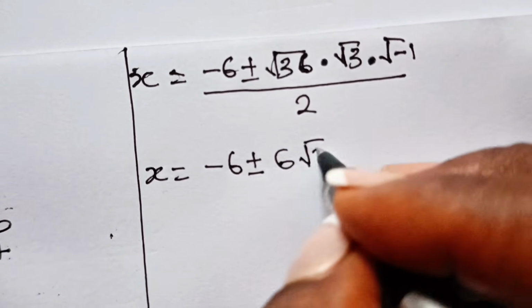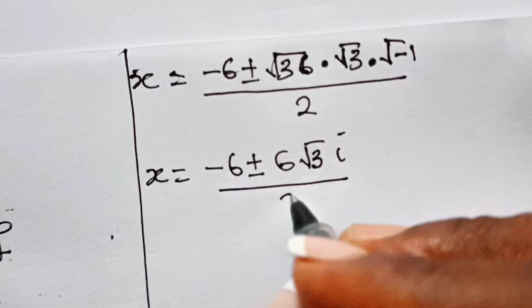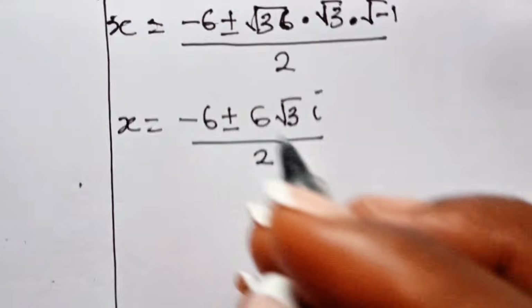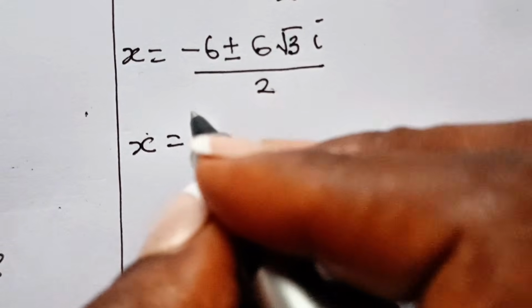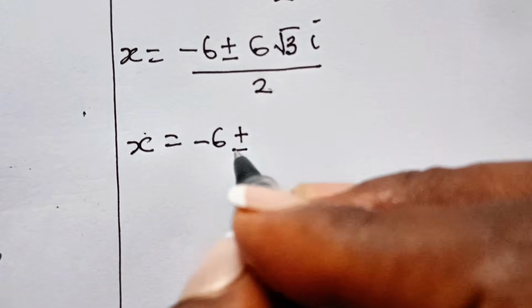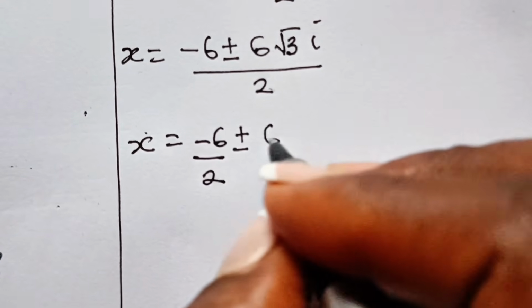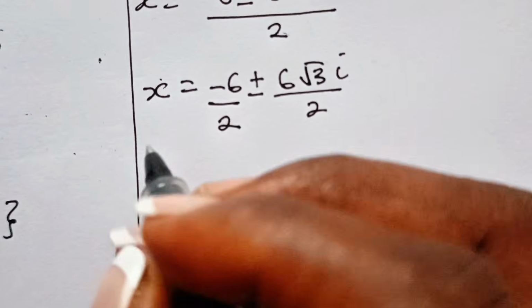Then we have root 3, and square root of negative 1 is i, divided by 2. Now distributing the denominator, we'll have x equal to negative 6 divided by 2 plus or minus 6 root 3i divided by 2.